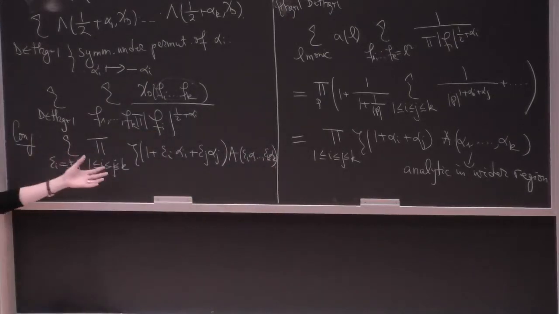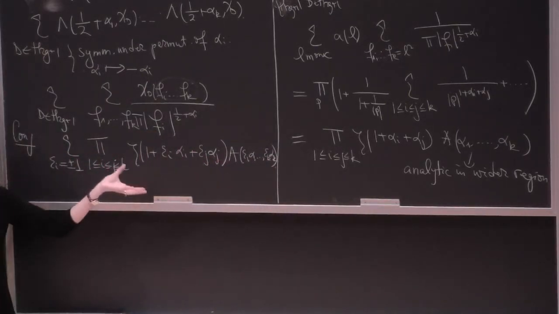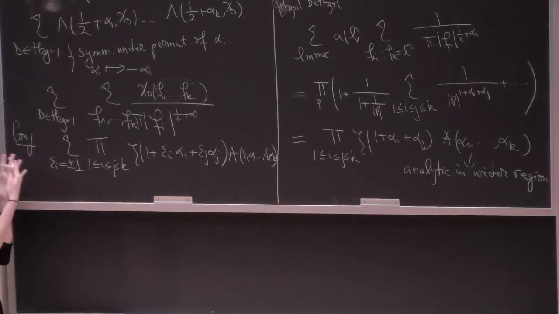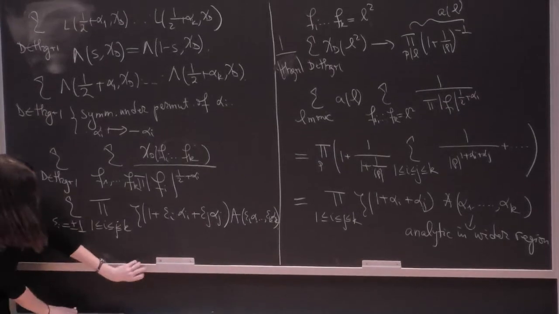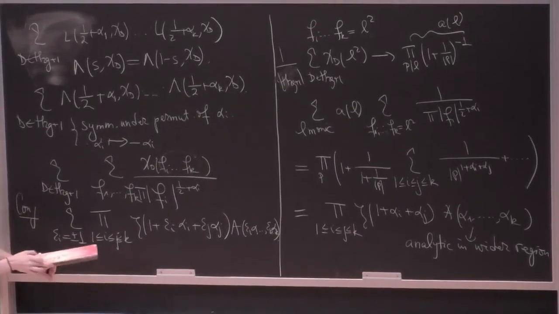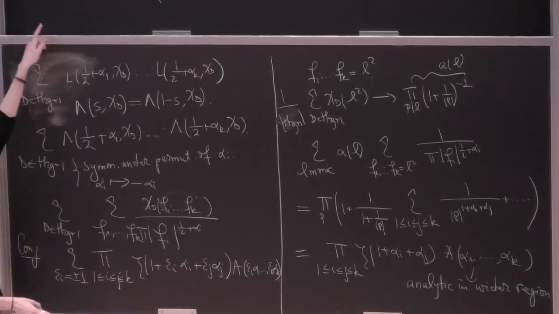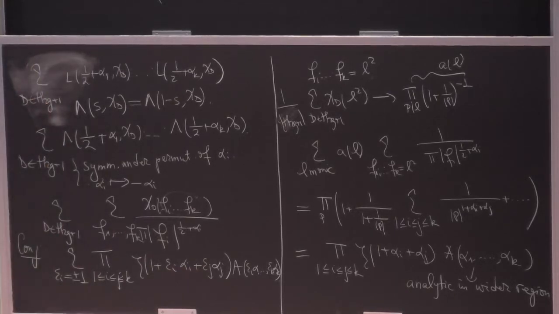Now, of course, each of the summands has a lot of singularities, but somehow when we put everything together, there are no singularities, and we are left with the final answer. So if we let the alpha i's go to 0, we recover this conjecture. Any questions?